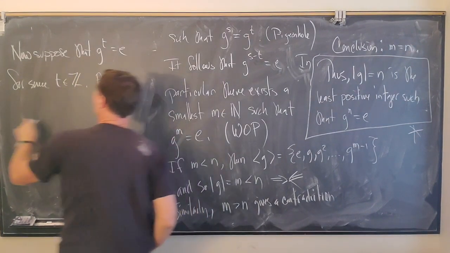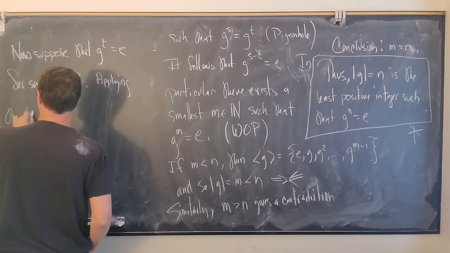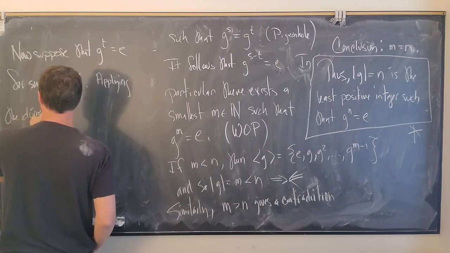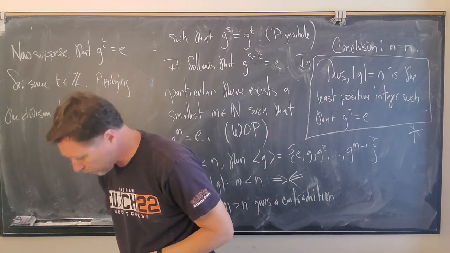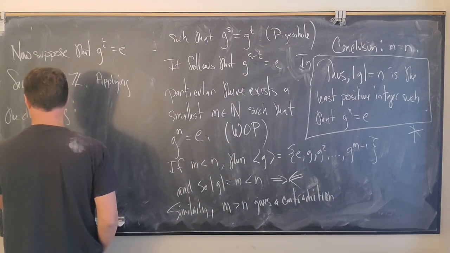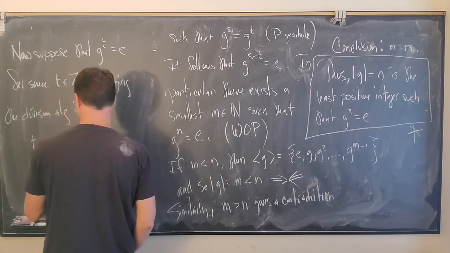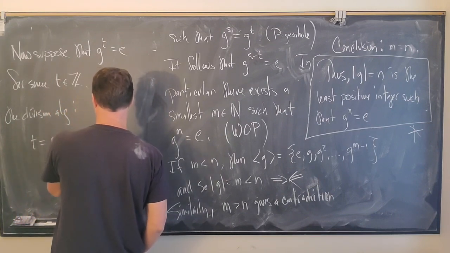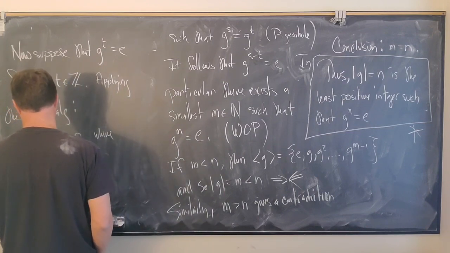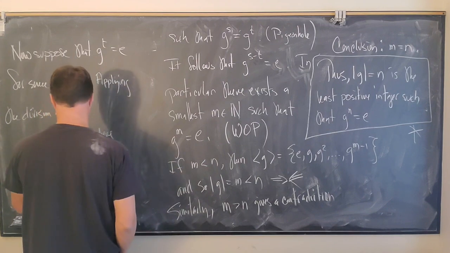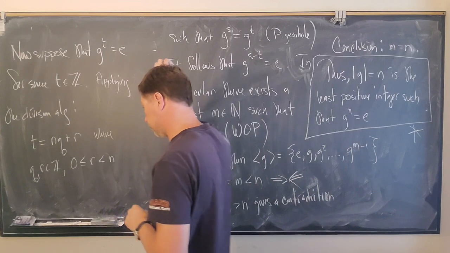So applying the division algorithm, what we get is, so I want to express t, so t is equal to n times q plus r, where q and r are integers, and we know that r is strictly less than n.